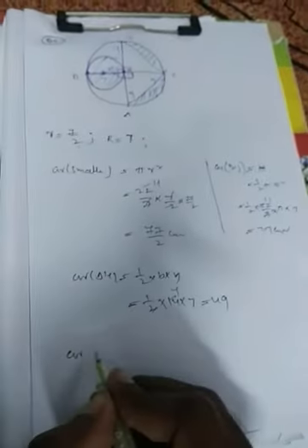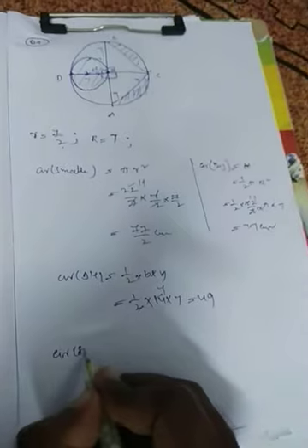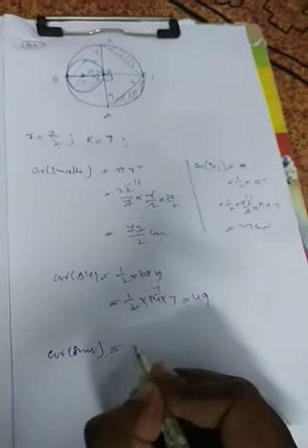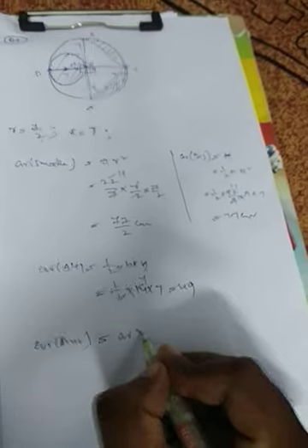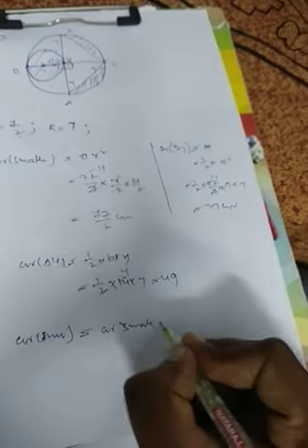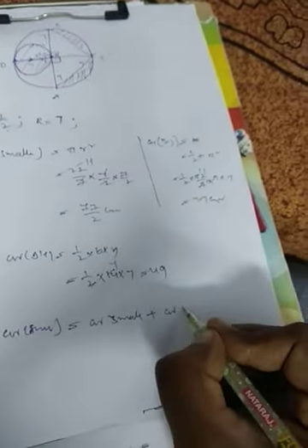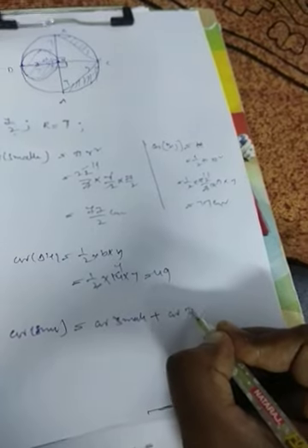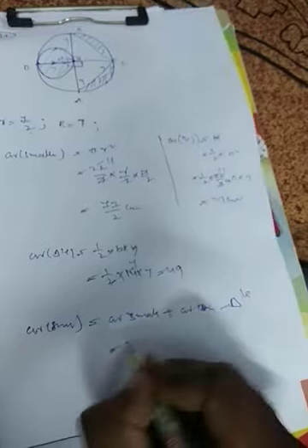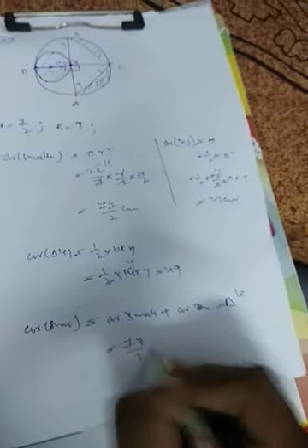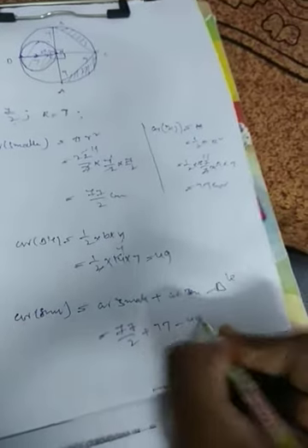Now the area of the shaded region is equal to the area of the smaller circle plus the area of the semicircle minus the triangle area. So one is 77/2, one is 77, minus 49.